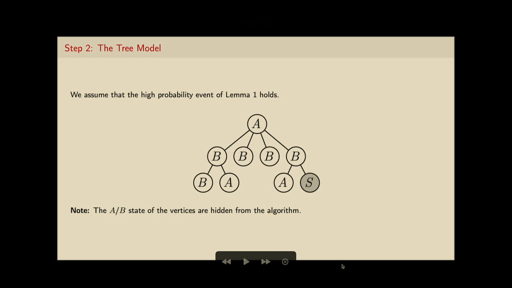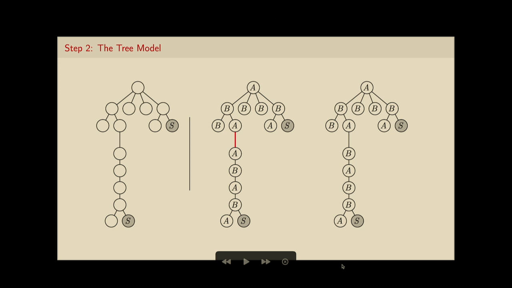Okay? So basically what happens is the algorithm discovers a tree like this. The white vertices could be A or B. The gray vertices are S. We know which vertices are S. So the moment we see an S vertex, we know that we've seen an S vertex. But then we have to guess if we've gone through an AA edge or not. In condition on having seen this tree, different outcomes could be possible.